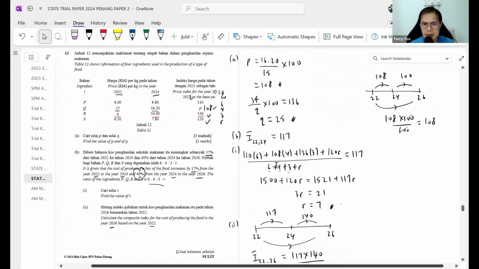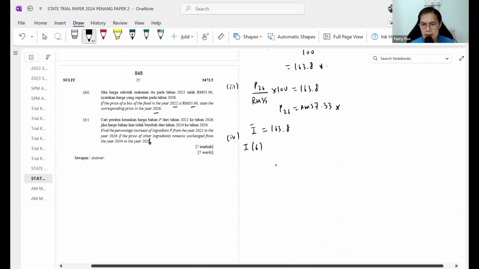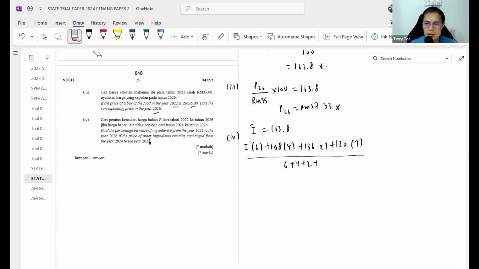Remember, 6, 4, 3, 7: your R is 3, second one is 108 with 4, next one is 136 with 3, last one 120 with 7. Divide by 20.